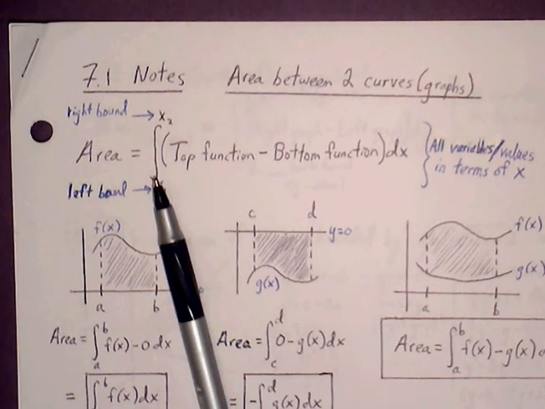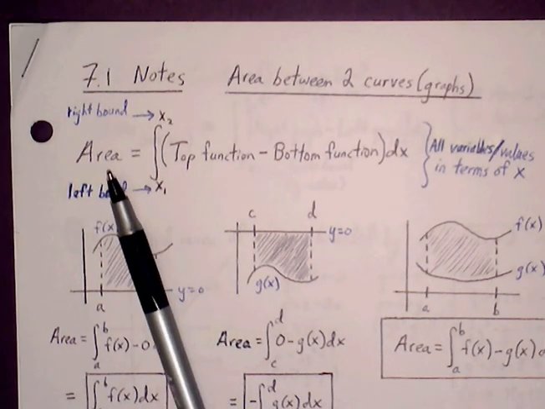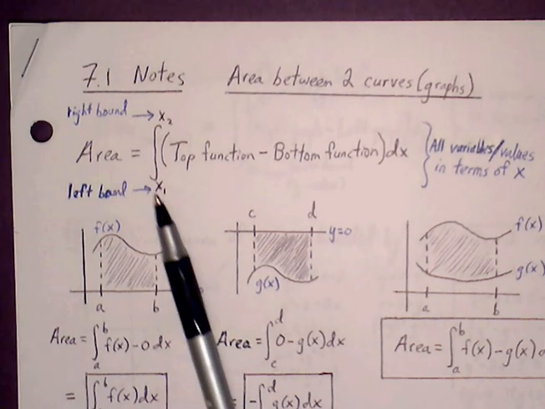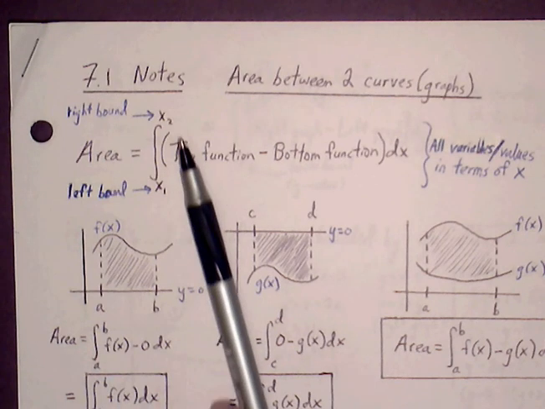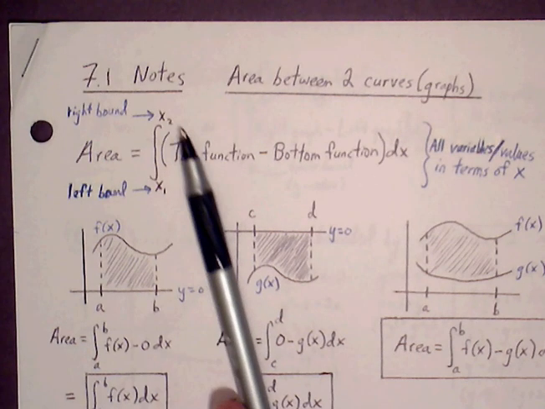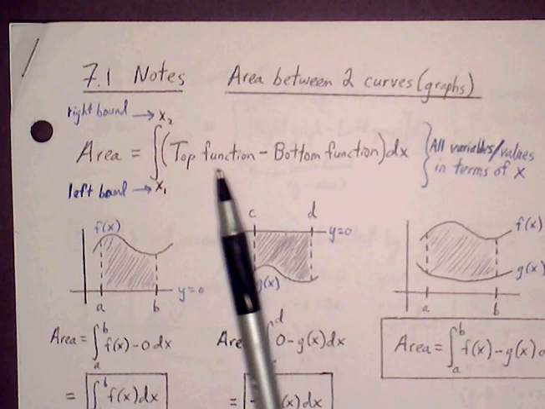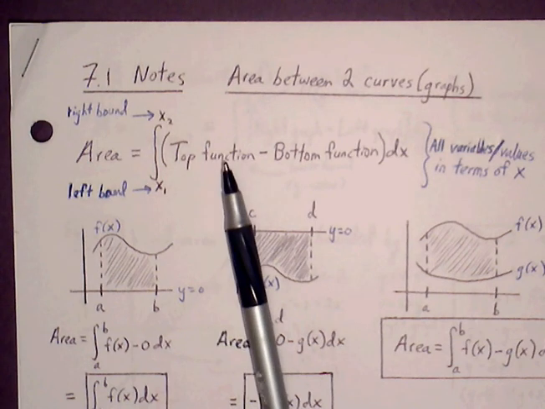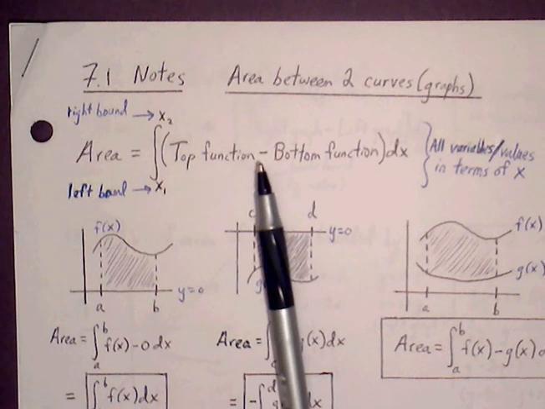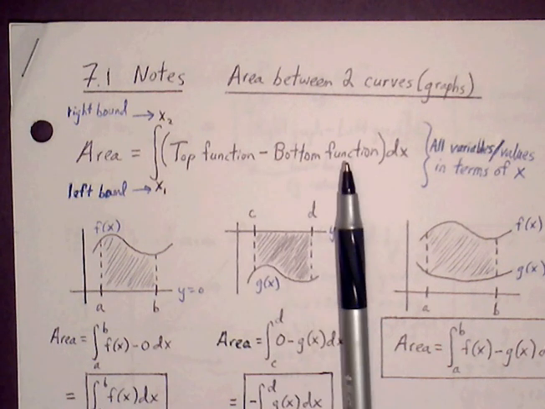If we want to find the area between two regions or between two curves, the formula is the definite integral from our left bound to our right bound, and we take the top. We identify which function is the higher function, the top function, and then we subtract the function that is beneath it.